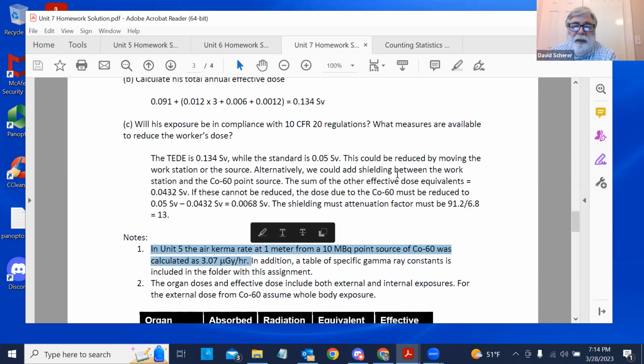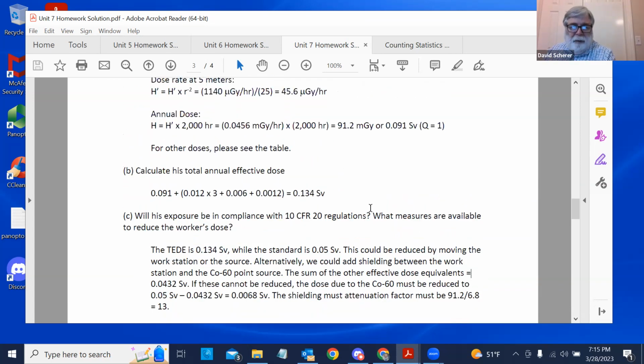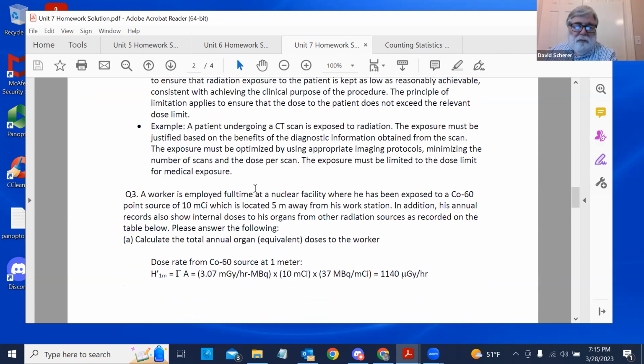So you can use that, just like I used the gamma constant in one of my other problems. In this case, they're hinting that you should use the gamma constant for cobalt-60. So I use the value that is hinted that we derived. This is milligray per megabecquerel per hour. Actually, it's per second, I think.